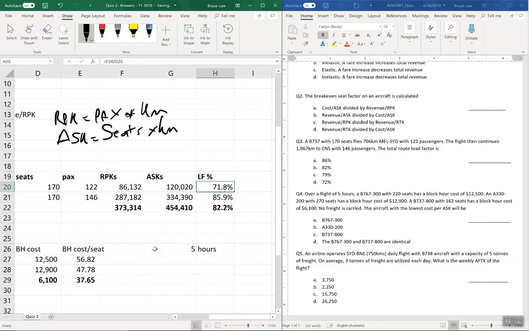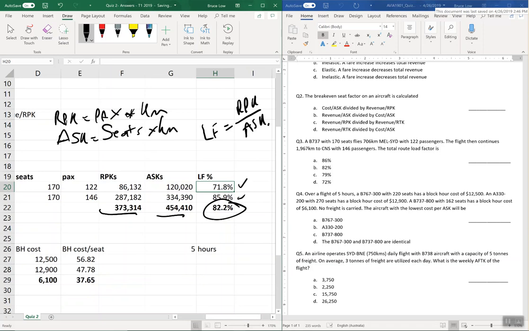And to get it for the total service, so load factor equals RPKs on ASKs. If we sum up the first route, the second route, and then our total sum for RPKs and ASKs, we get our load factor for the two sectors combined, or the total route, which is B, 82%.